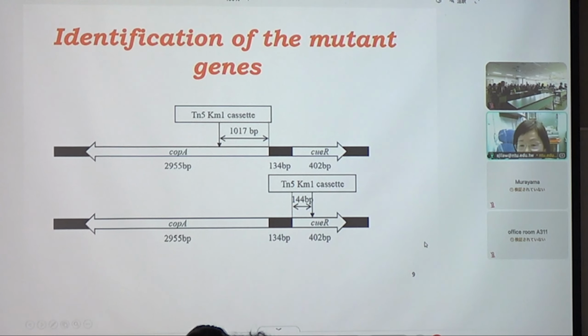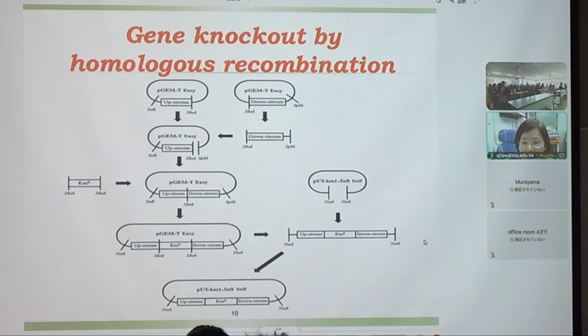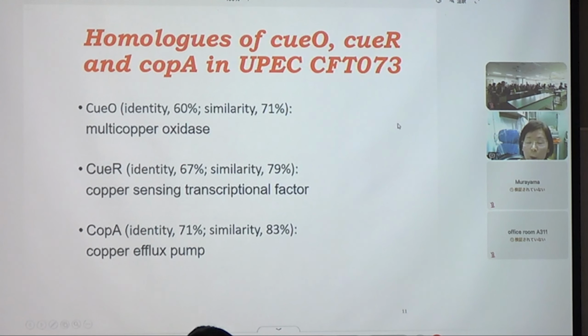We then performed gene knockout by homologous recombination to confirm the transposon mutants. So we first selected 3 mutants, QO, QR, and copA for further study.